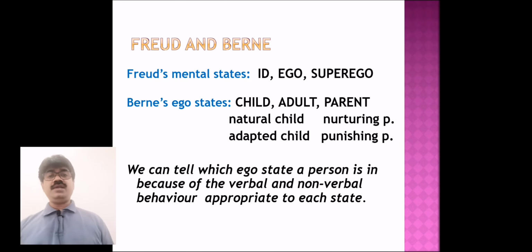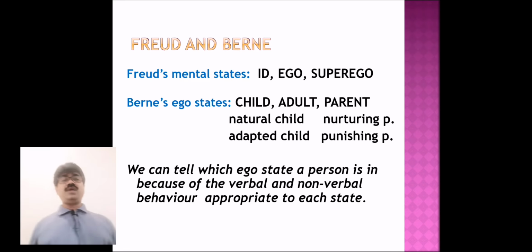When you are in the child ego, the way you speak and your body language are entirely different from when you are in the parent ego. And when you are in the adult ego, your body language is different and the way you speak is different.